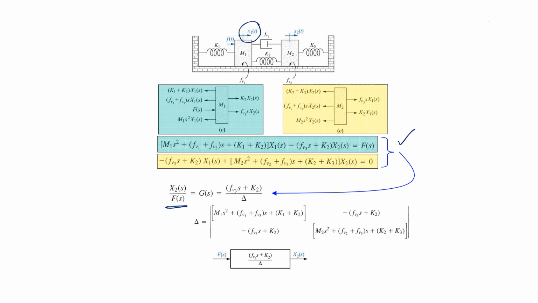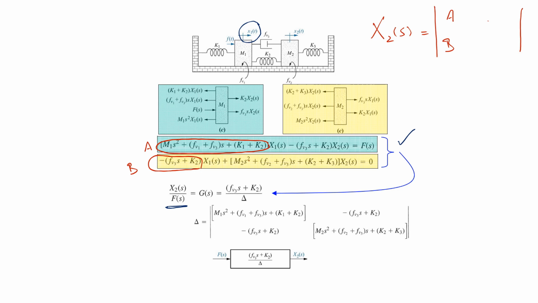If we apply Cramer's rule on this system of simultaneous equations, this will be x2 of s, which will be equal to, firstly this term, which I represent by, let's suppose, a here, and then this term, which I represent by, let's suppose, b, that will be here.